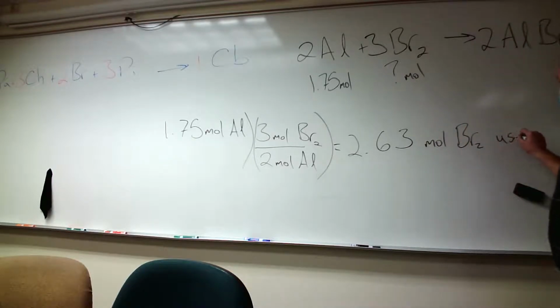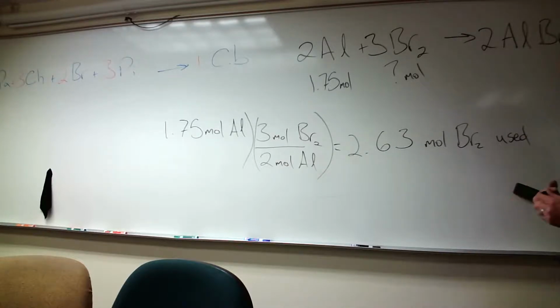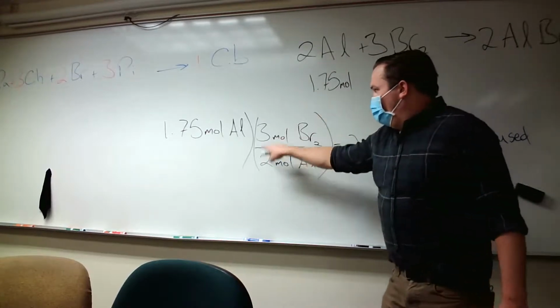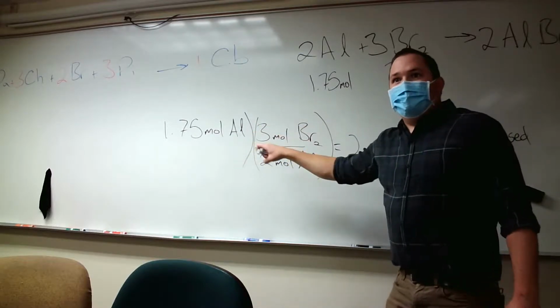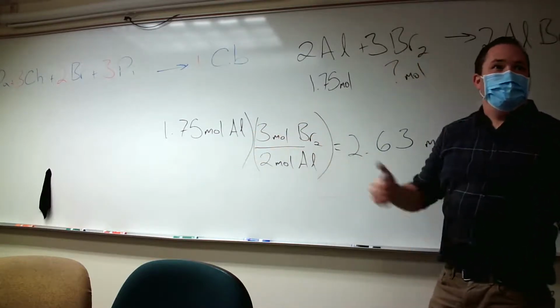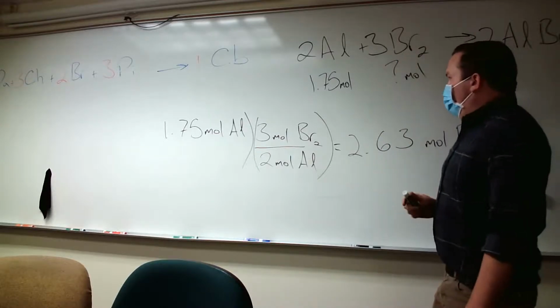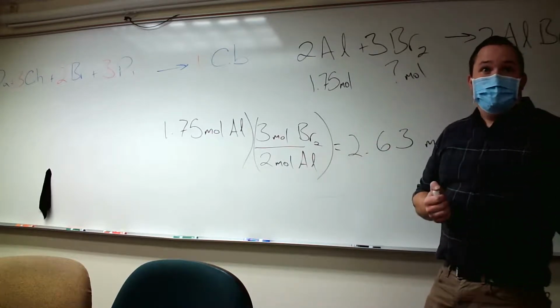We could say used, we could say needed, we could say reacted. What's important is that from the balanced reaction is where we pulled these numbers, right? And that we're canceling out moles of one thing and ending in moles of something else from the balanced reaction. If you don't have the balanced reaction, or if I ask you about something that's not in the reaction, you're going to need more information.